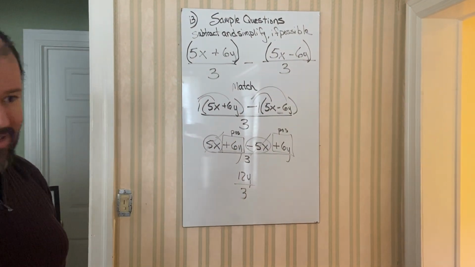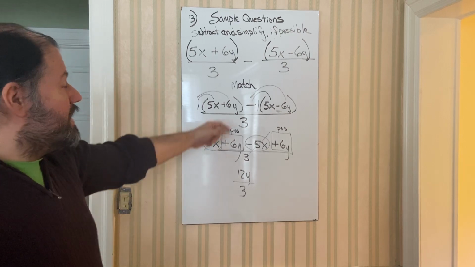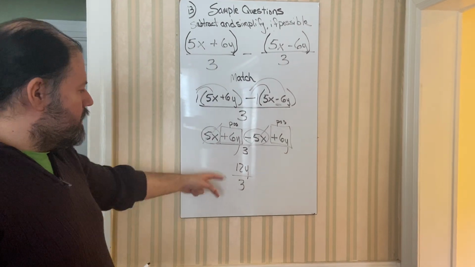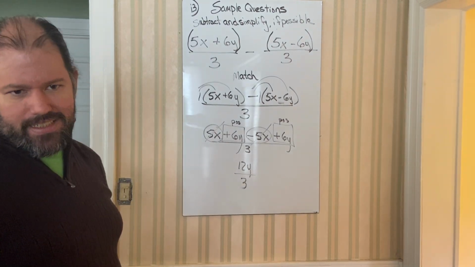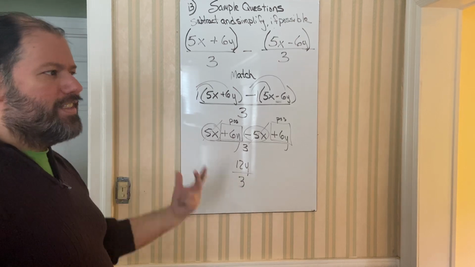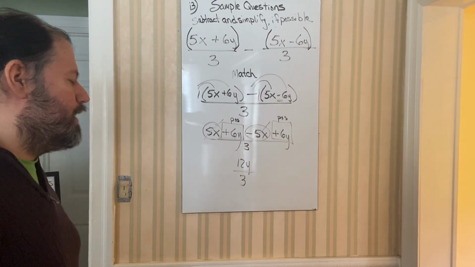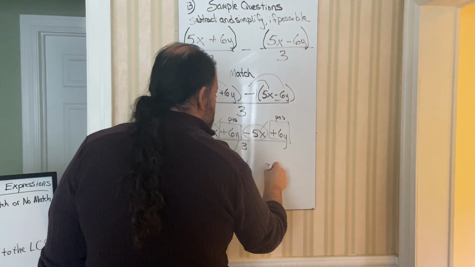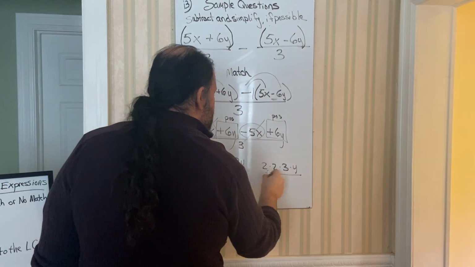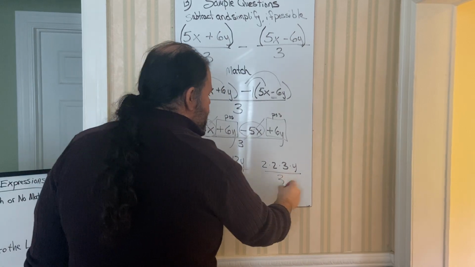Now that you have this, we're going to have to see if we can simplify. So this is not your final answer. Now some of you know that you can divide. That's fine. What you should have done was factor out the top. Since it's a monomial, the way to factor a monomial is a tree diagram. 2 times 2 times 3 times y. And the bottom is a 3.